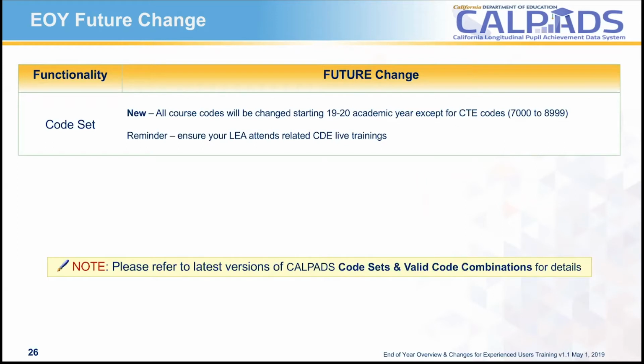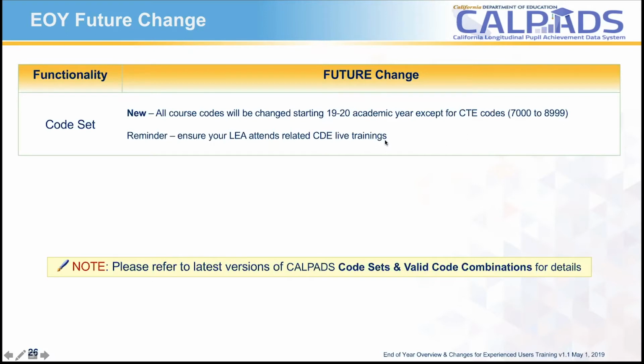All right, now I'm going to take you to the future. I'm going to point out one future change coming your way in the 2019-2020 academic year, but it's really important to point it out so that way, as you folks are building your master schedules this summer, you're aware of this. And all of you should be aware of this change already. In case you're not, all course codes will be changed in the 2019 and 2020 academic year, except for your CTE course codes, which fall in the 7,000 to 89.99, right?